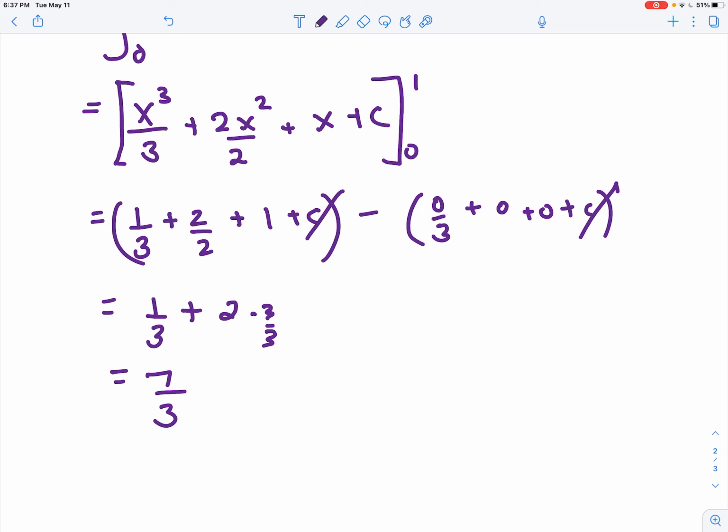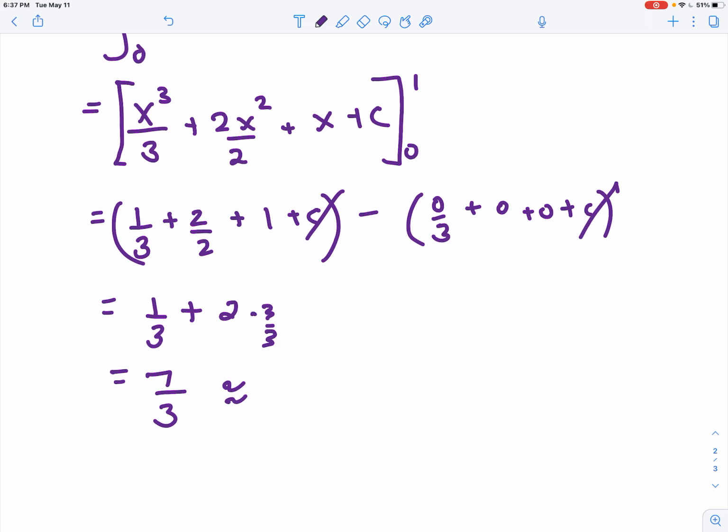sorry, I don't have a calculator here, but it should give us a little bit more than 2.04, and it does.